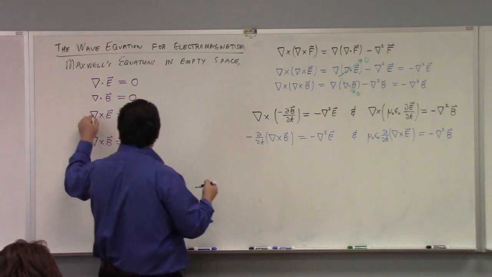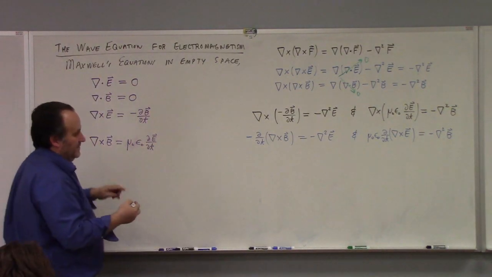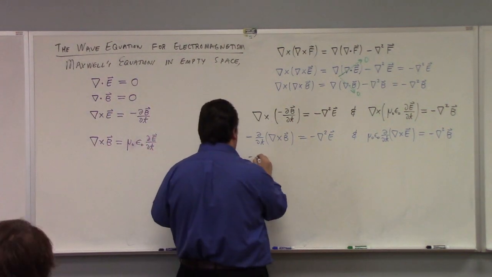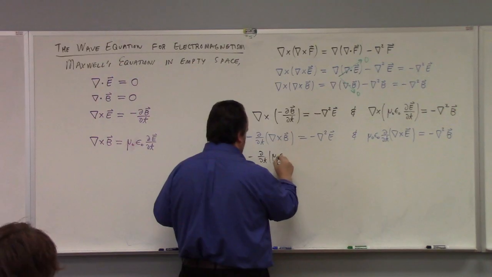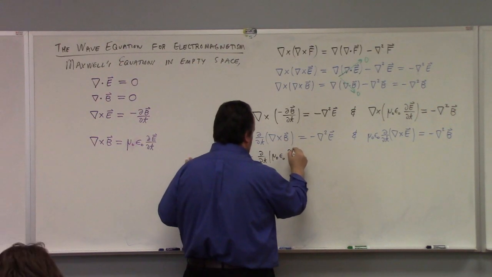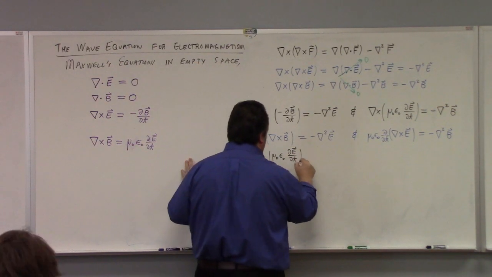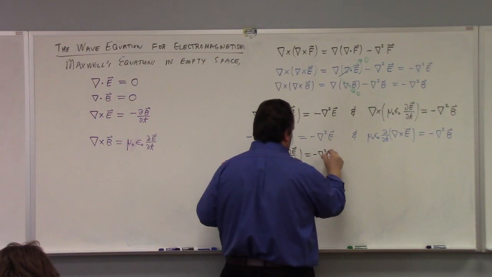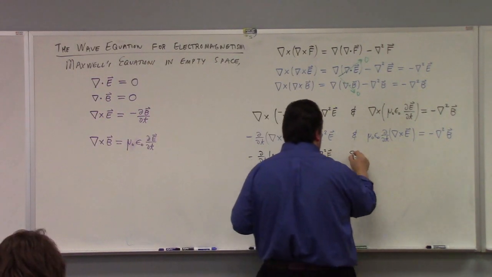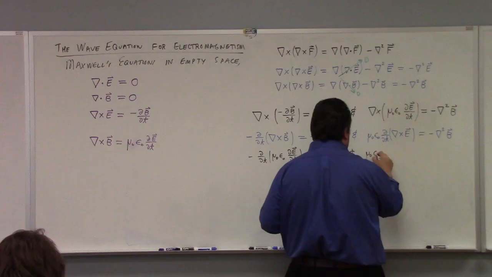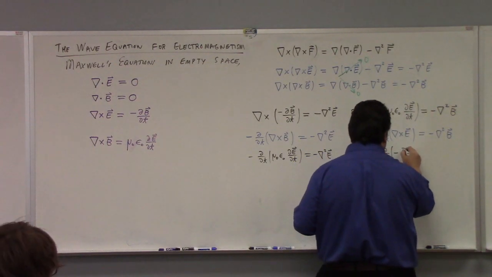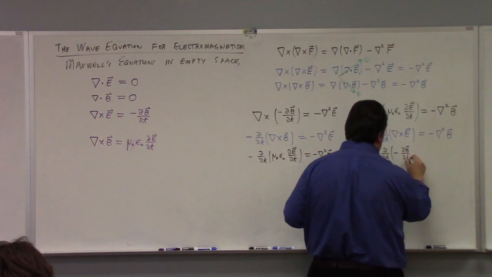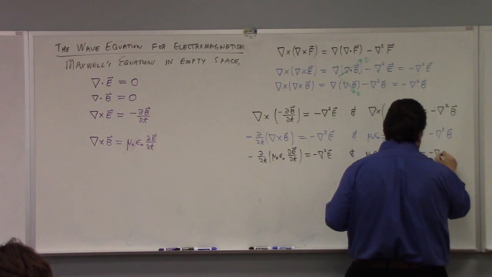Well, the curl of B was what? So we've got minus partial t of mu naught epsilon naught partial E partial t equals minus nabla squared E, and mu naught epsilon naught partial t of minus partial B partial t is equal to minus nabla squared B.